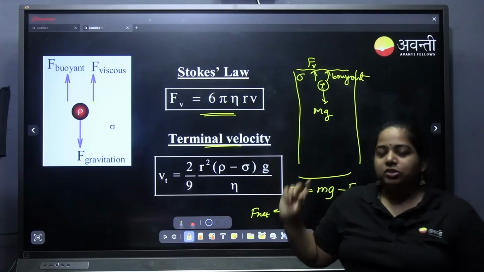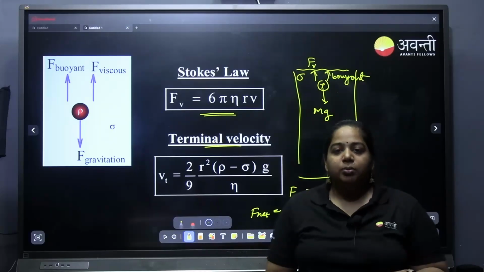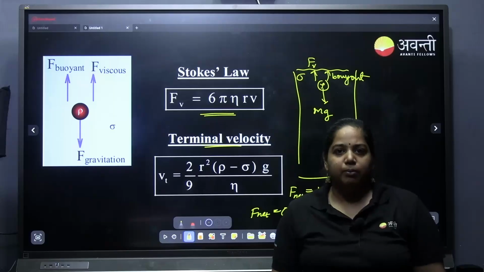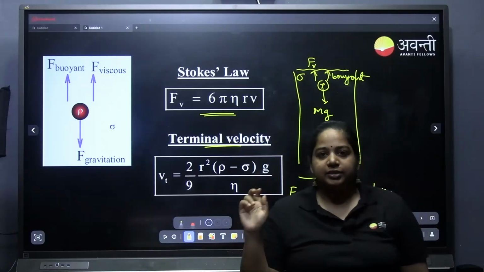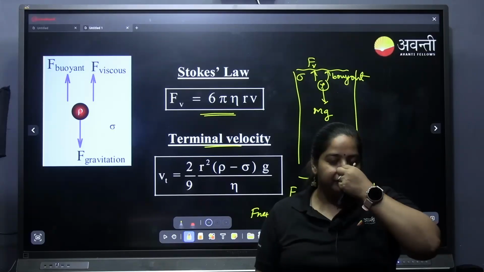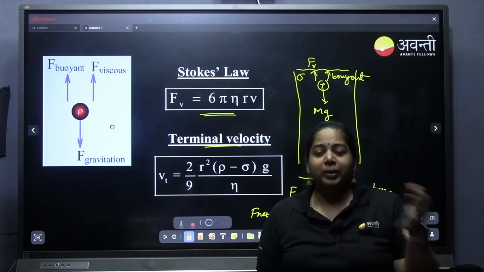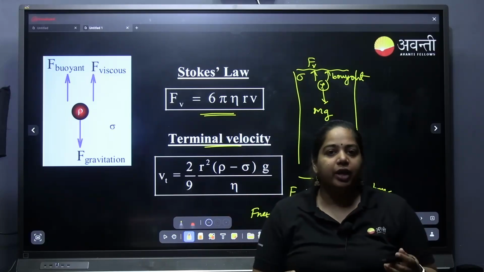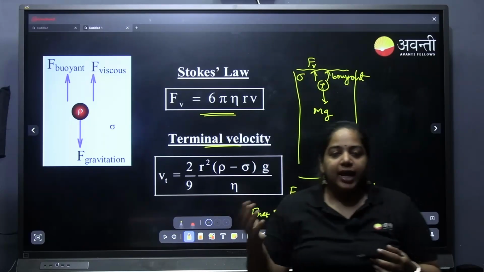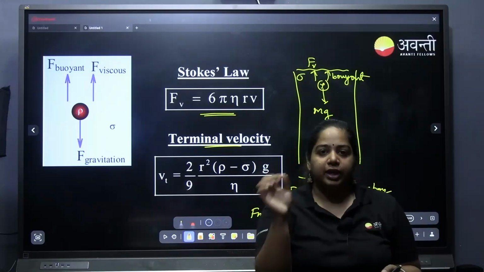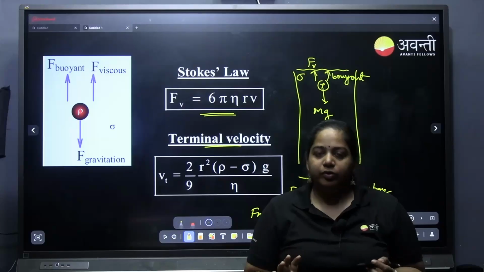So how did this concept come? Imagine raindrops falling from, let's say, 2 km up in the sky. As it comes down, its velocity should increase so much because of continuous acceleration due to gravity. You can just calculate the value: what will be the velocity of a raindrop by the time it reaches the ground?